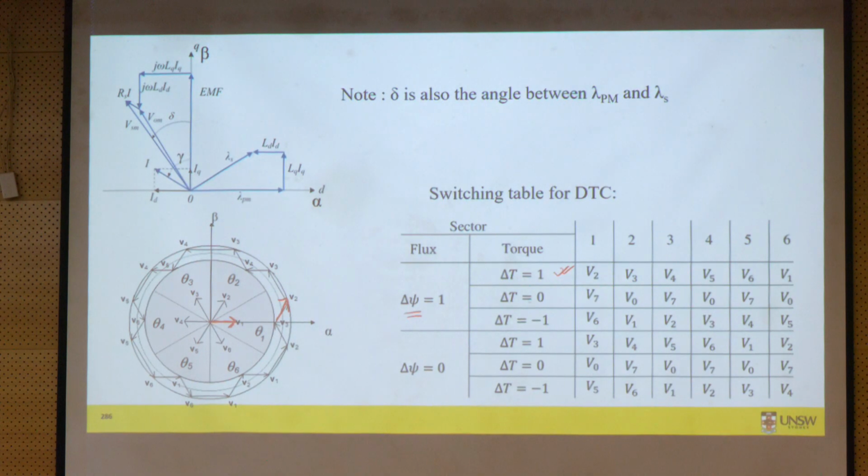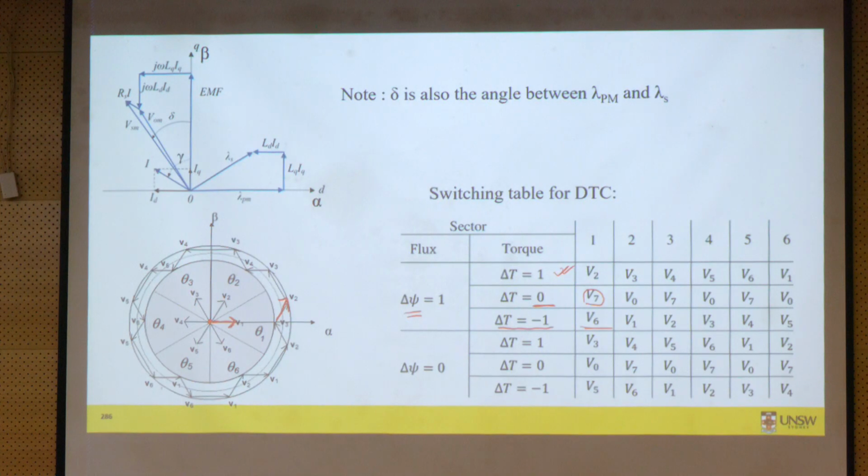If my torque is the same as the reference, that means the torque error is 0, then I don't want to increase or decrease the voltage, right? In that case, I will apply a zero voltage vector V7. V7 is somewhere here. It will keep the space voltage vector fixed where it was. If I need to reduce torque, then I apply voltage vector V6, which is opposite to V2.